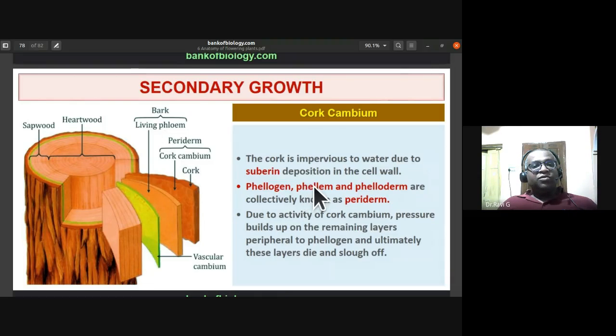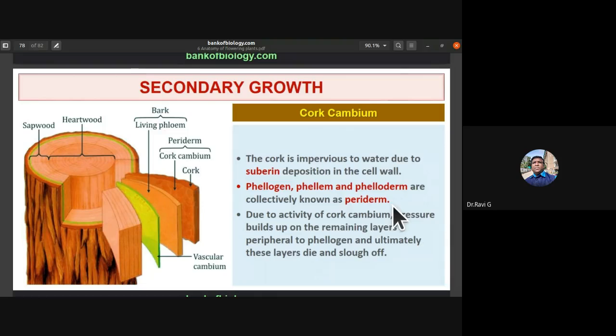So phellogen, phellem, and phelloderm are collectively known as periderm. Many times they have asked this even in the NEET examination. Periderm consists of: A, phellogen; B, phellem; C, phelloderm; D, all of these. So what should be your answer? All of these. Phellogen, phellem, and phelloderm together constitute the periderm.